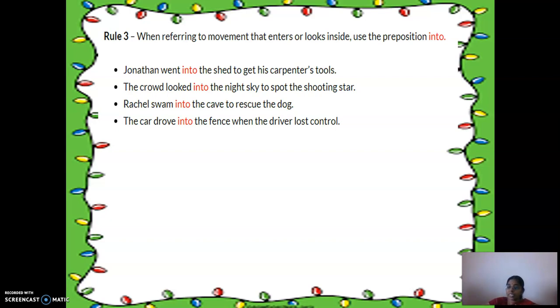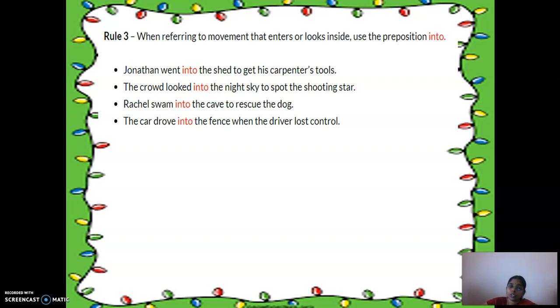So for moving objects, we will use the word into. For the object which is constant or which can be moved by somebody else, then it is in. When it is there, simply, then we will use the word in. When the object is moving, then we will use the word into.